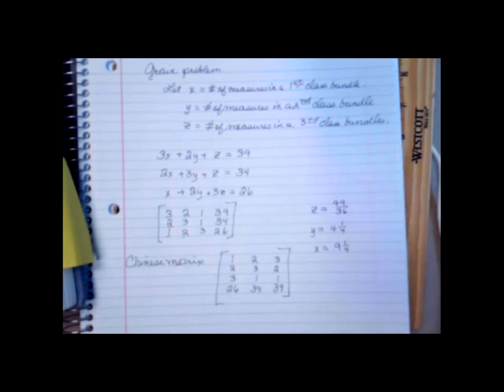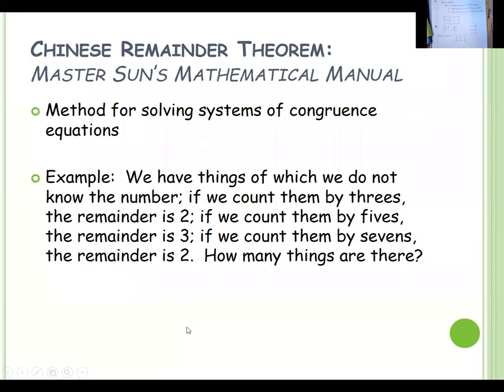Okay. One more quick thing to show you. All I'm going to do is just say that this is on your Canvas site in Module 9. They also knew the Chinese remainder theorem, and these are congruence equations. This is modern algebra. This is our Math 3163.